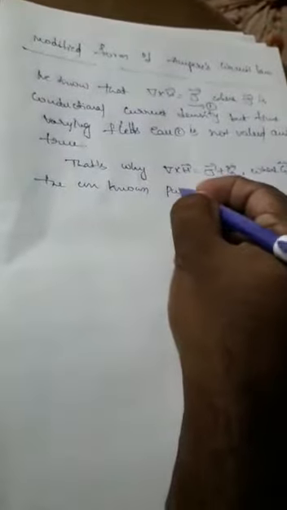For time varying fields, curl of H bar is equal to J bar is not enough.